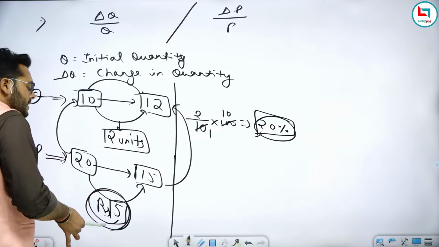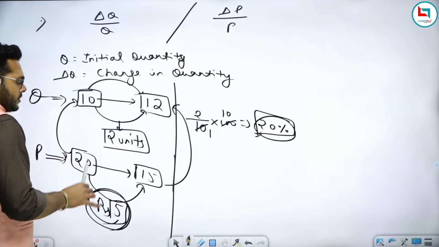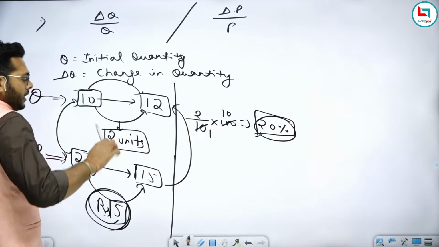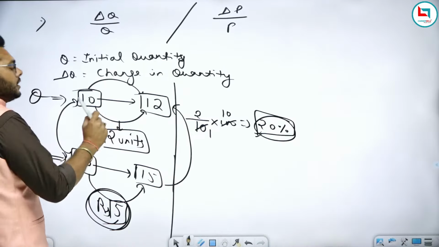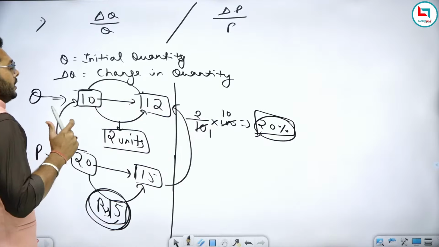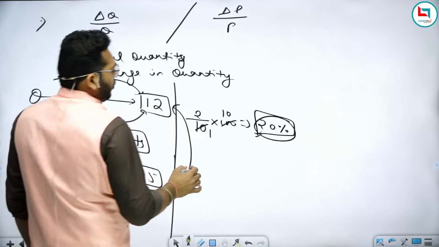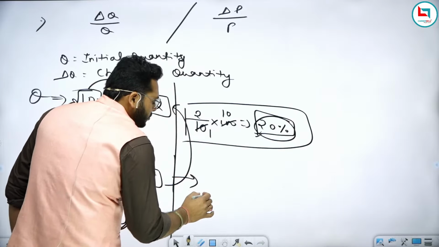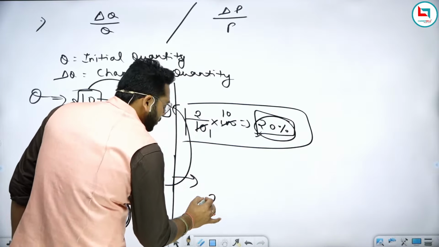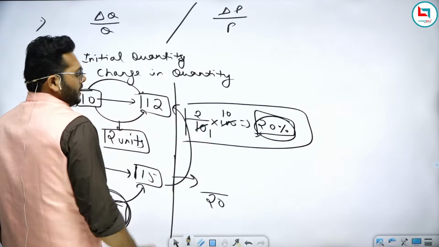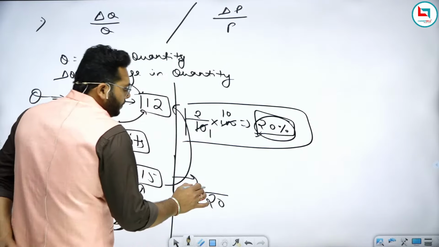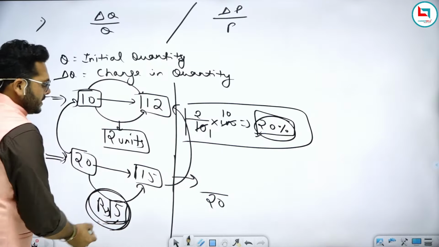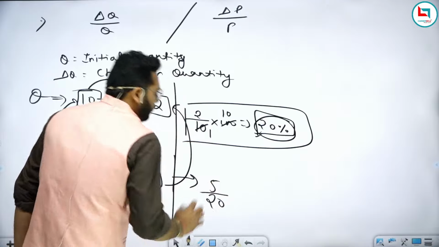After the decrease of 5 rupees in the price of that particular good, you have increased 2 units. Initially the price was 20 rupees, but now the price has changed by 5 rupees.